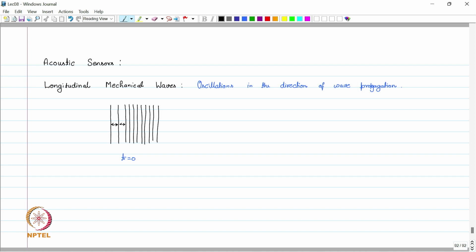Because of this difference in the spacing compared to the normal condition, we have a perturbation here, and at t equal to, let's say, t naught, this perturbation moves in the x direction. For example, here is this perturbation.